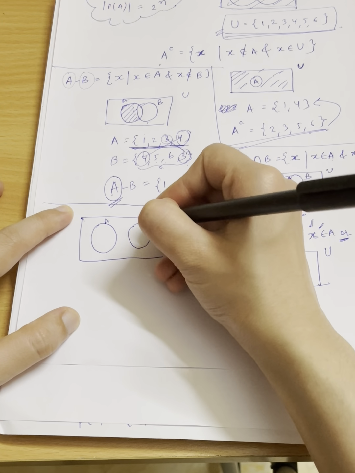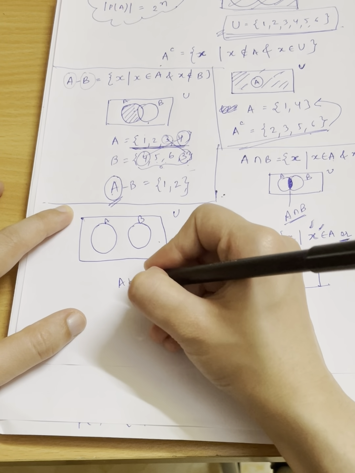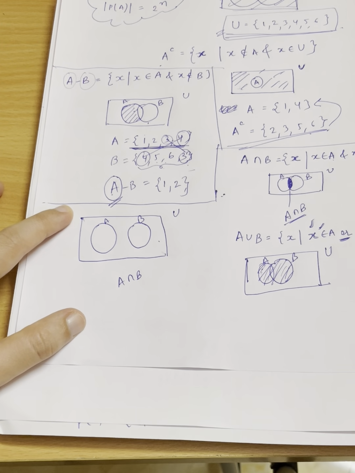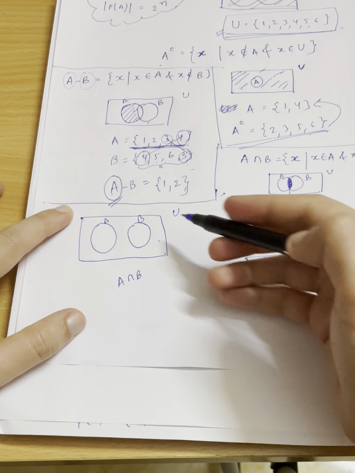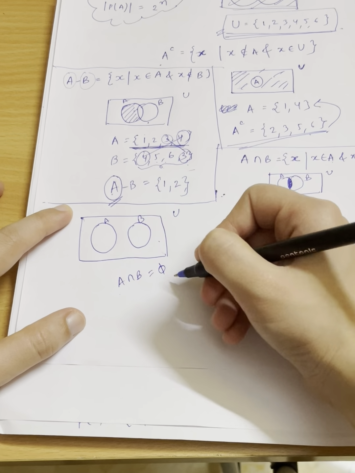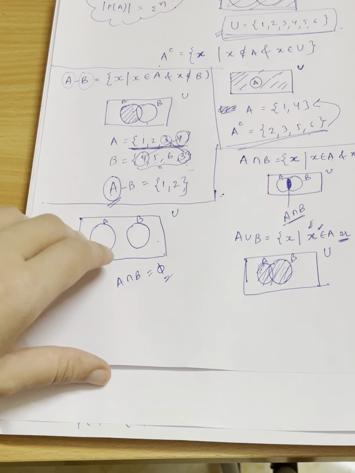So if A and B are both sets with nothing common between them, and someone asks what is A intersection B, you already know set intersection is what is common between the two sets. So A intersection B is nothing but phi, null. There is nothing common between these two sets. So that is a disjoint set.